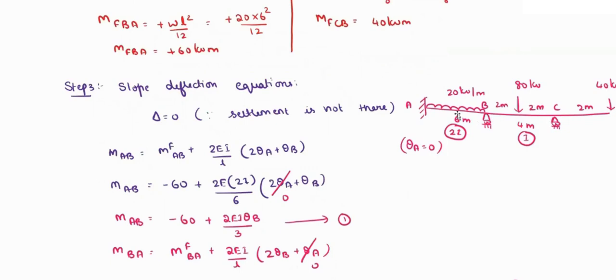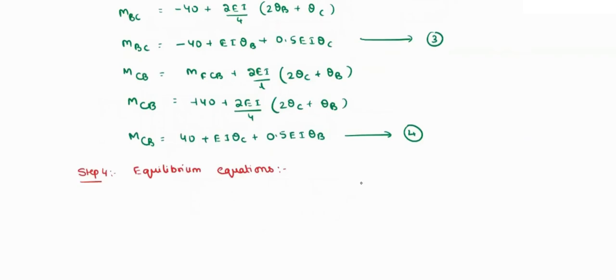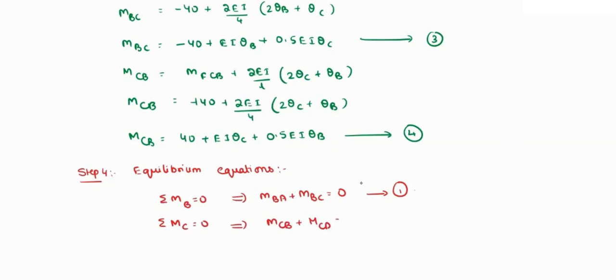For this B joint, sigma MB will be equal to 0, and for this C joint, sigma MC will be equal to 0. So I am writing here the equilibrium conditions. Sigma MB will be equal to 0, so this implies MBA plus MBC will be equal to 0. So this is the first equation. Another equation is sigma MC will be equal to 0. This implies MCB plus MCD will be equal to 0. So this is the fifth equation and this is the sixth equation.